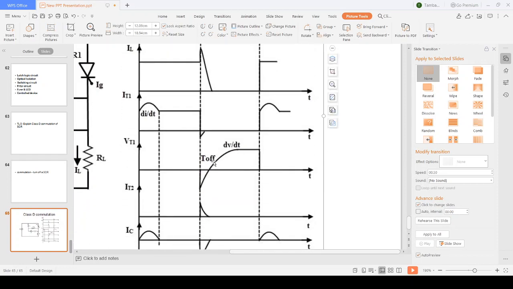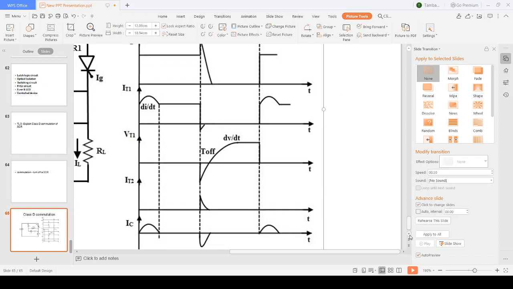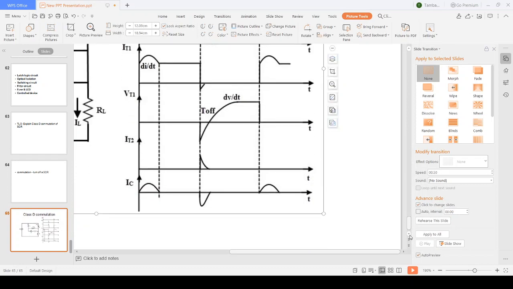Now as you can observe, IC is the current flowing through the capacitor.